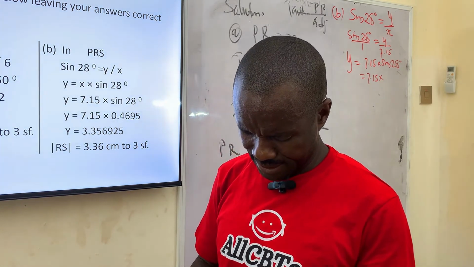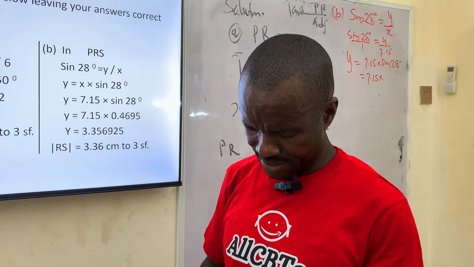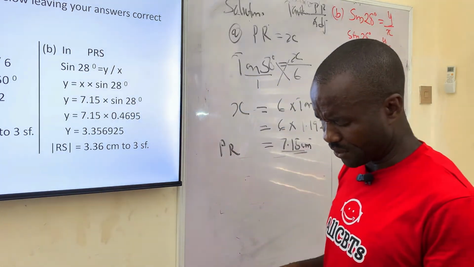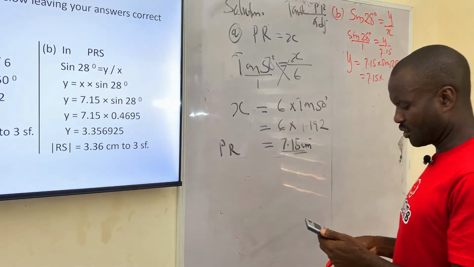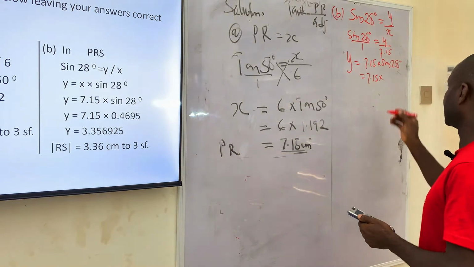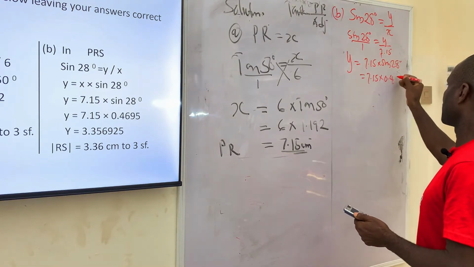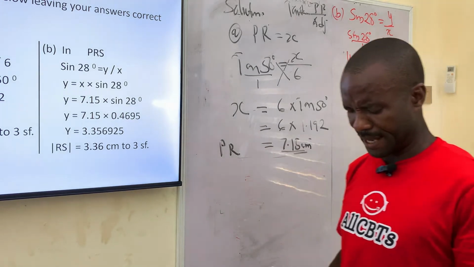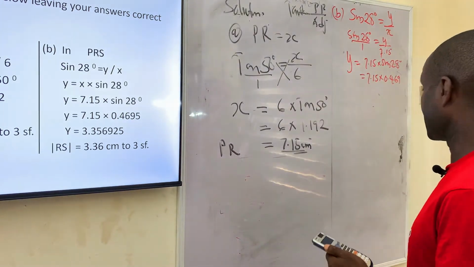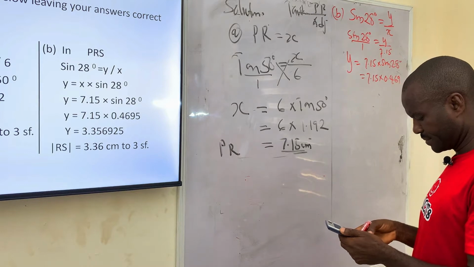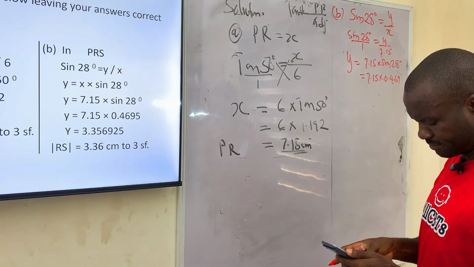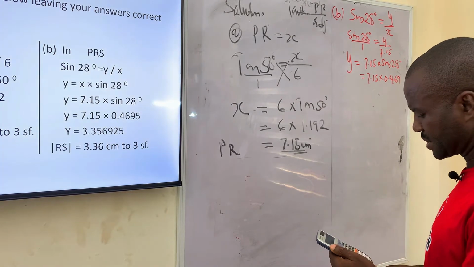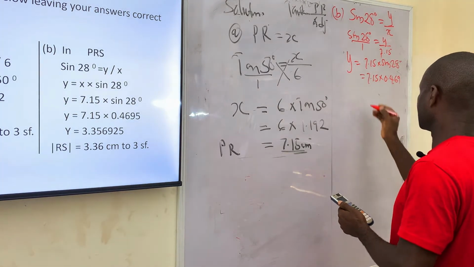Sine 28 degrees gives us 0.469. 0.469 multiplied by 7.15. The answer gives us 3.36.